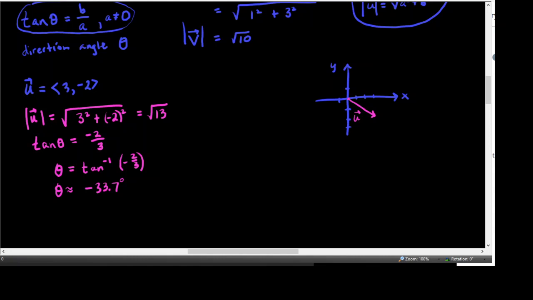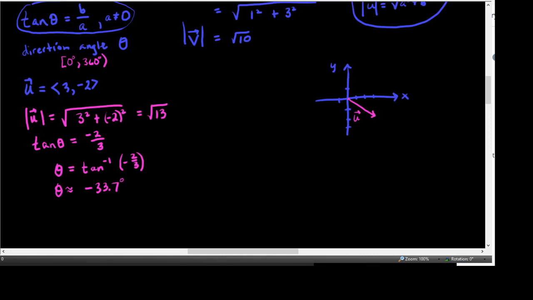So that is the angle if we wanted a negative angle. A lot of times, however, when we're writing the direction angle, we'll want an angle between 0 and 360 degrees. So let me write that up here. Generally speaking, we want the direction angle to be between 0 and 360 degrees.